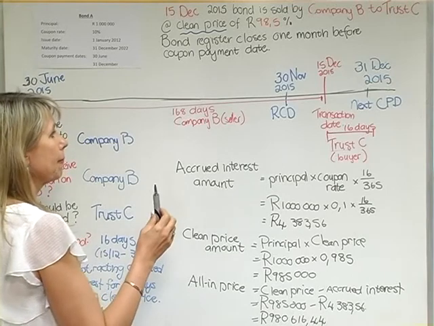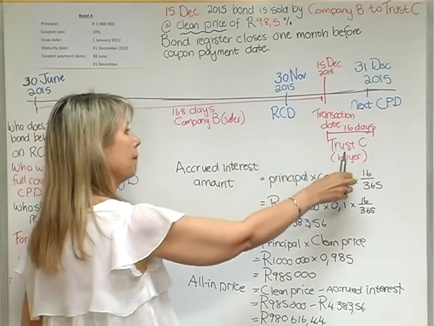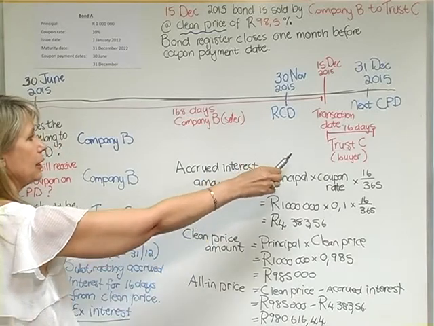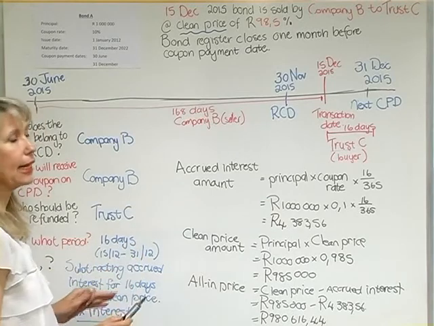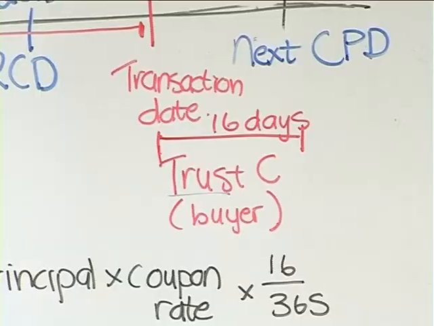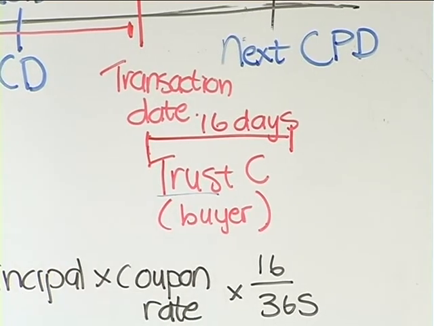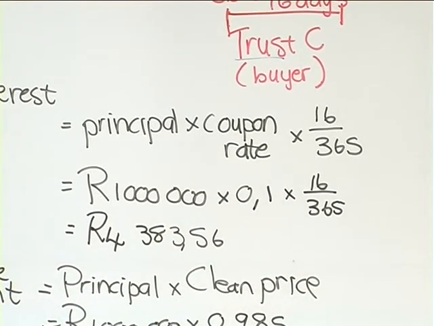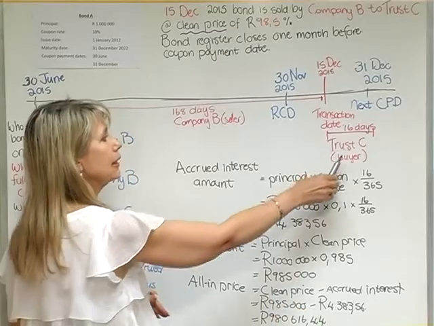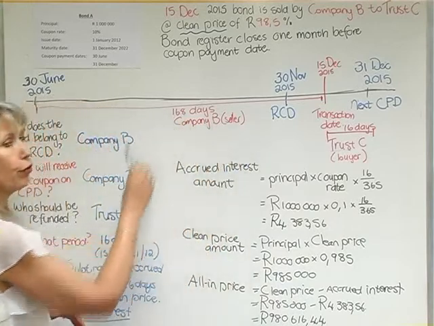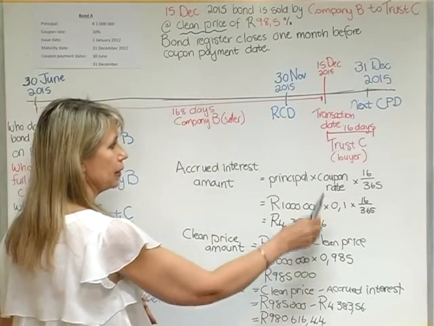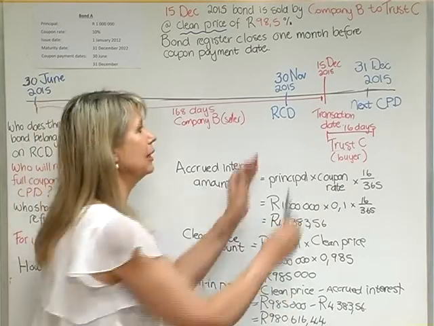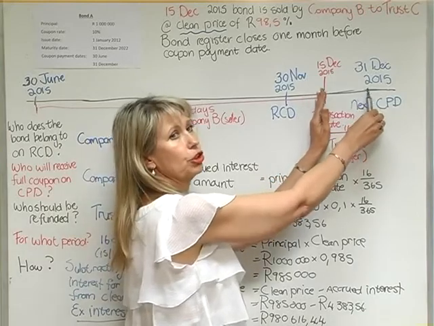To ensure that Trust C is still refunded for the 16 days that the bond is going to belong to it, we calculate accrued interest for 16 days, and we subtract that from the amount that Trust C will pay for this bond. So Trust C pays less by the amount of the accrued interest that it should actually receive for that short period.